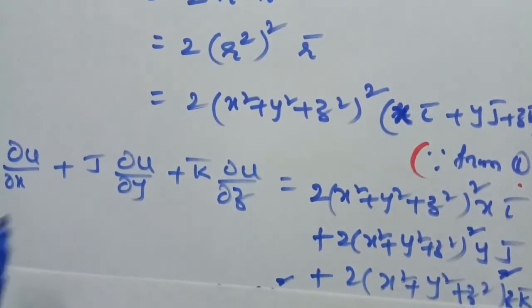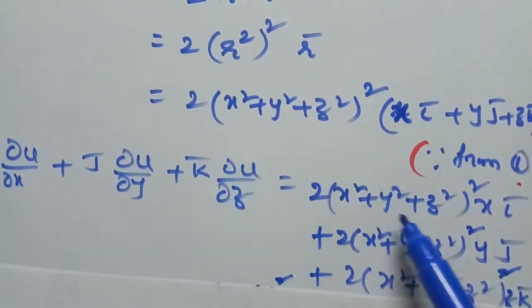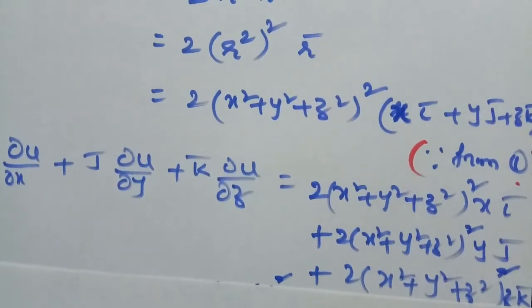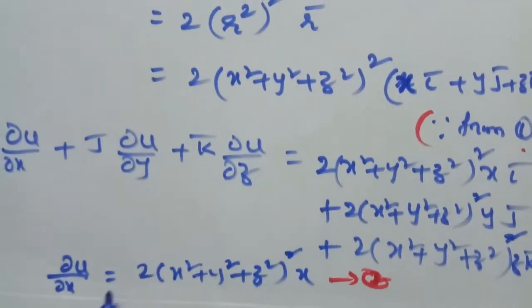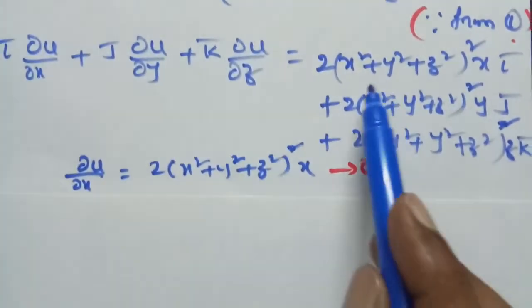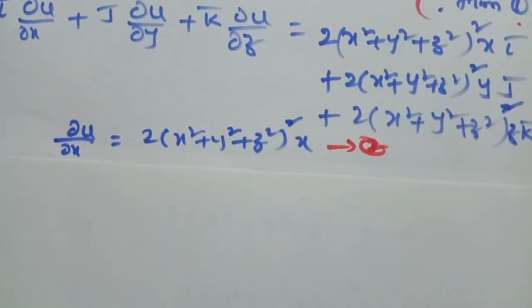Therefore, the component of i bar: ∂u/∂x is equal to 2(x² + y² + z²)² x. Say this is equation number 2.